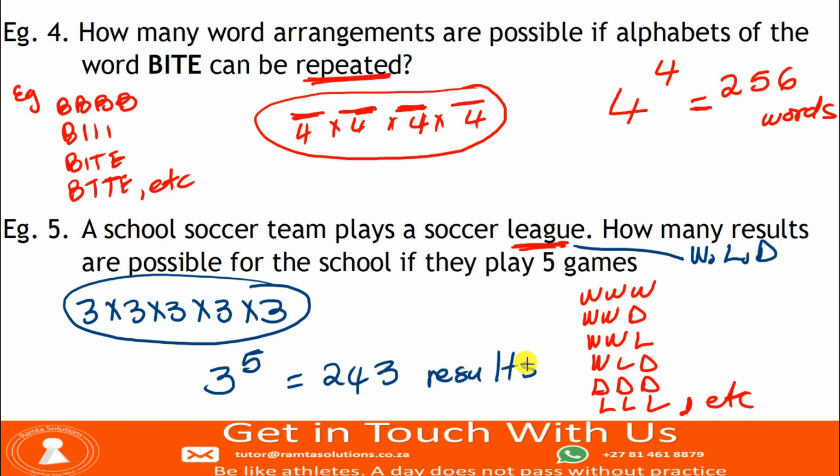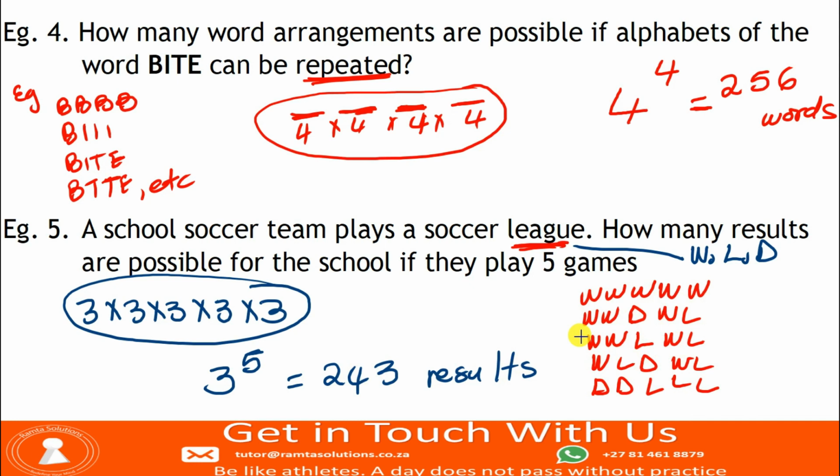There are many ways that your teams can play the 5 games. I don't have the time to be drawing 243 results. So your team could be this, could be this, could be whatever.